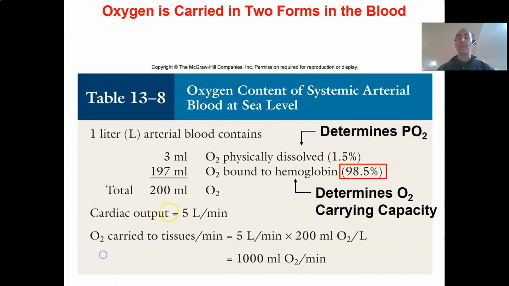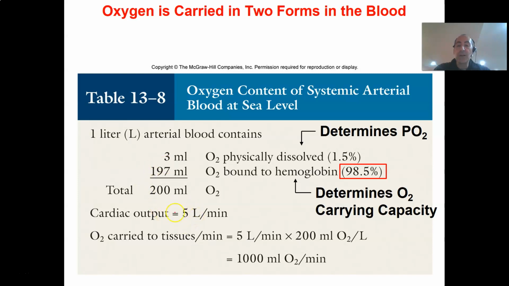In this slide, what we see here is that you can determine in 1 liter of arterial blood, if you have a total of 200 mils of oxygen, based on these percentages, 98.5 and 1.5, 197 mils of that oxygen will be bound to hemoglobin, and 3 mils of that won't be bound, will be physically dissolved.